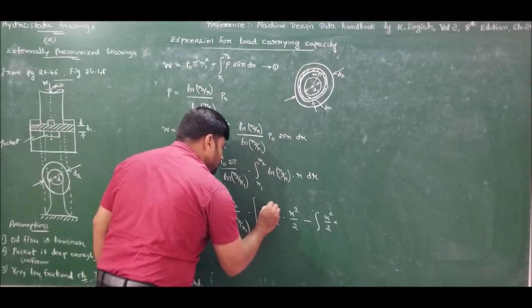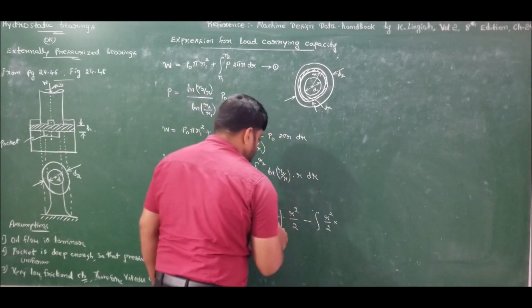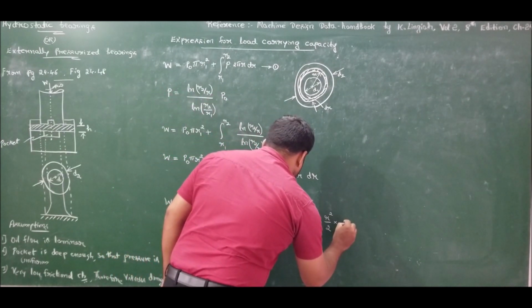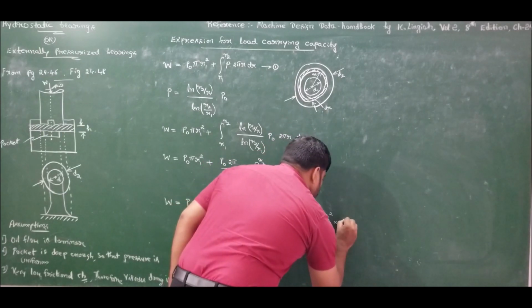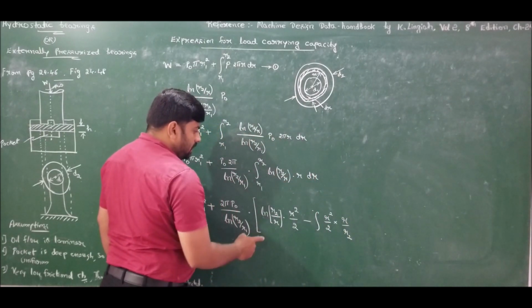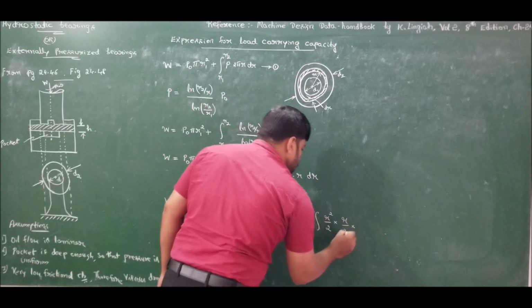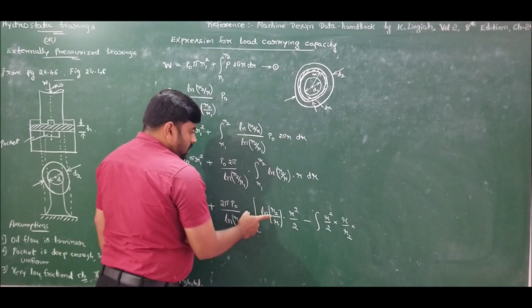So this is of the form log x. Derivative of log x is 1 by x. If I write 1 by x, I will get it as r by r2. This is of the form minus y by x.